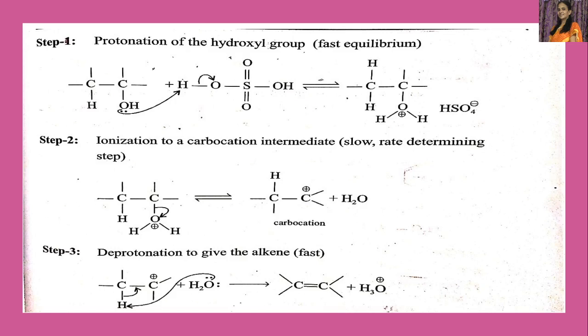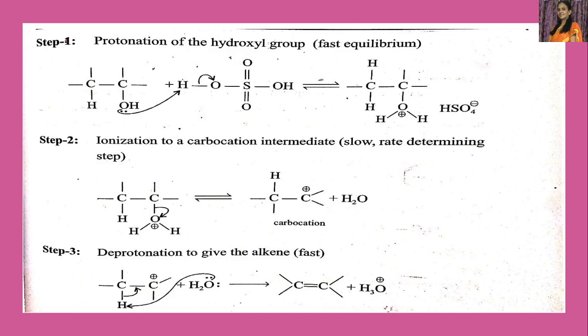From this acid catalyst, one proton is utilized by this alcohol. Due to the lone pair on oxygen, it abstracts this proton to form this ion where the oxygen has a positive charge.